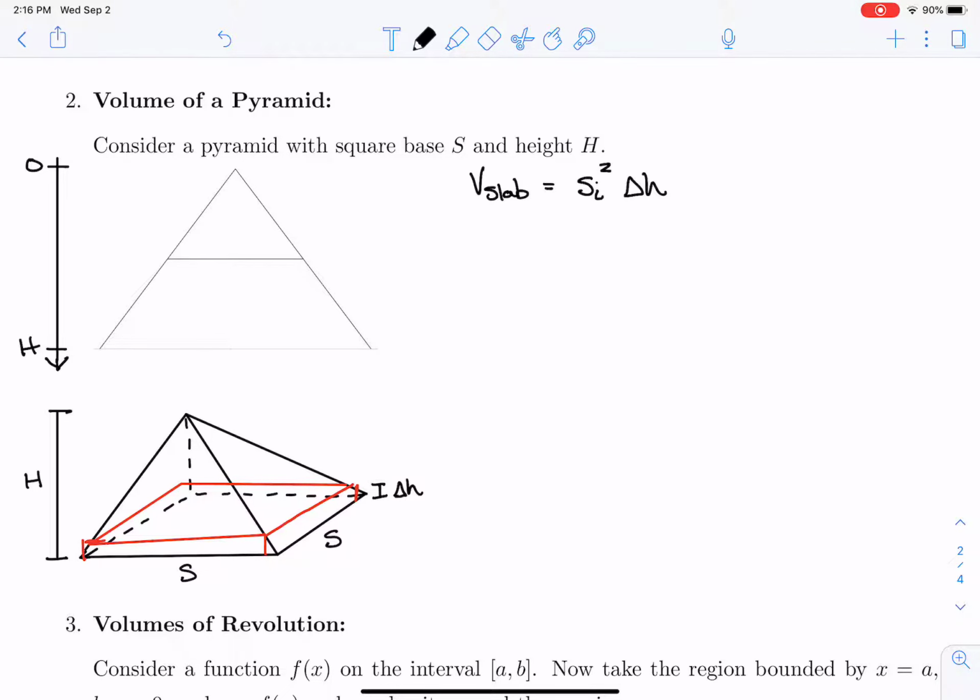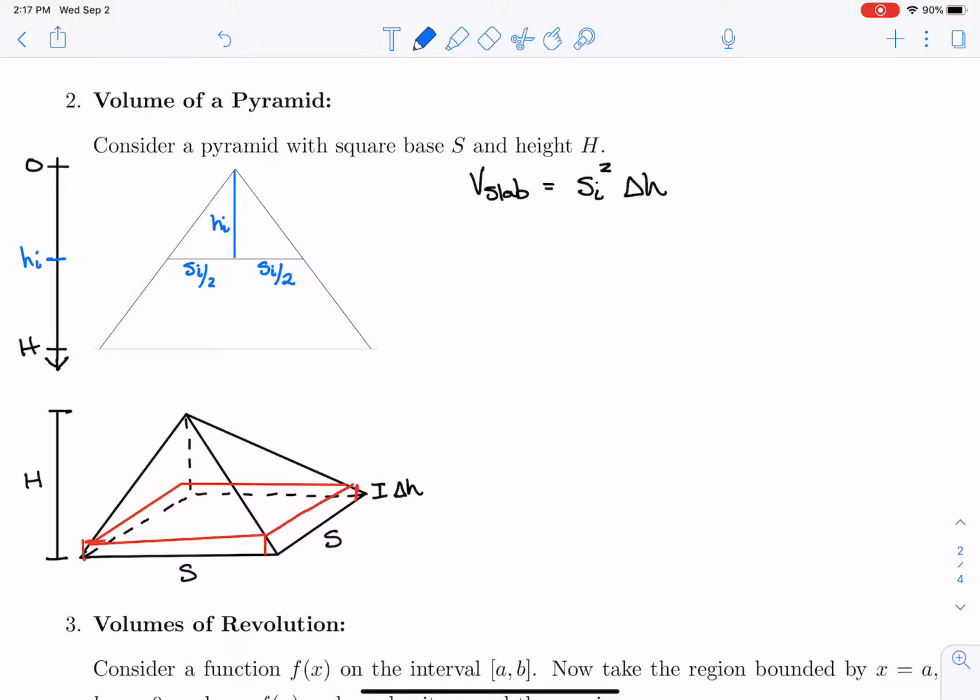Then I want to look at a particular height, H sub I, so that this distance right here is H sub I. Half of this distance on the base is S sub I over 2, and the other half is S sub I over 2.